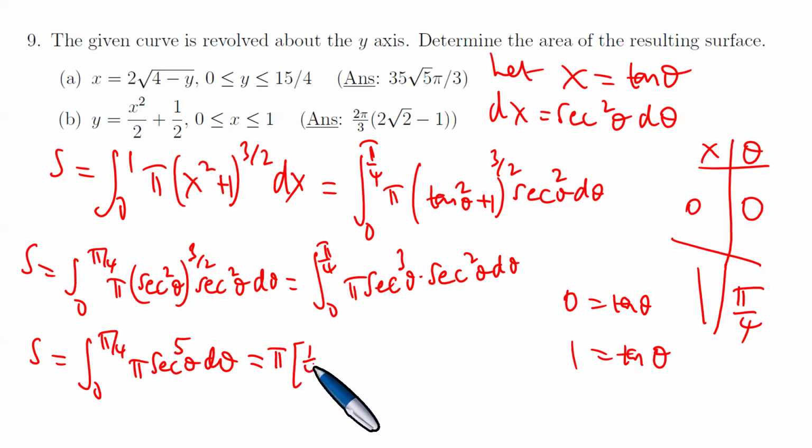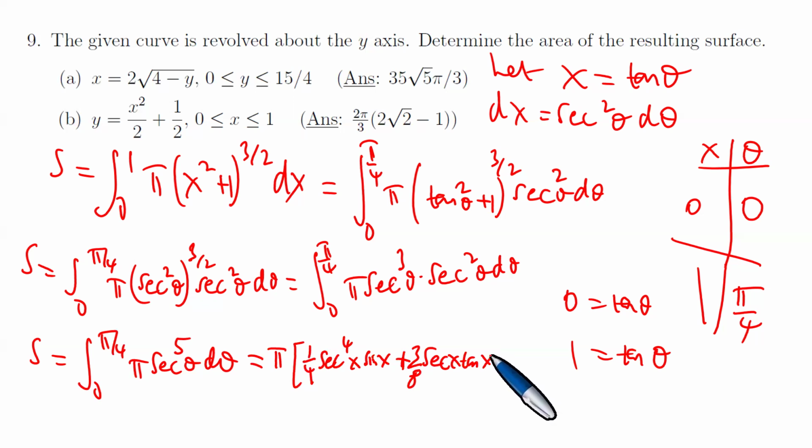Then you're going to have 1/4 sec to the 4th power x times sine of x, plus 3 over 8 sec x tan x, plus 3 over 8.